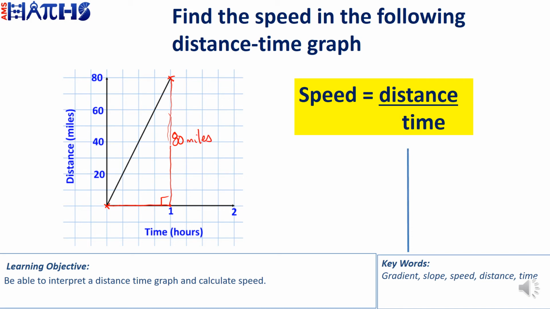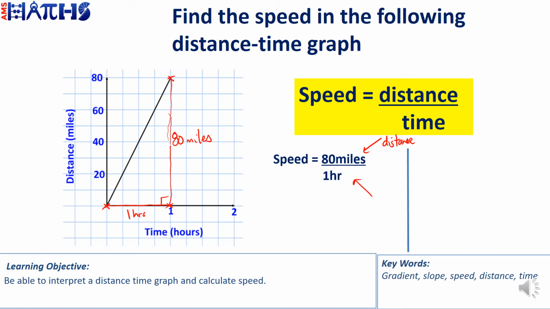And then for the base of the triangle, our change in time is from 0 to 1, which is 1 hour. So if we're going to work out our speed, it's going to be the distance, that's the height of the right angle triangle, and then divided by the time from the right angle triangle.